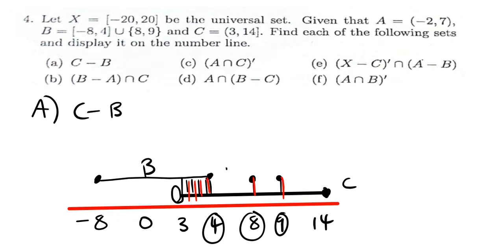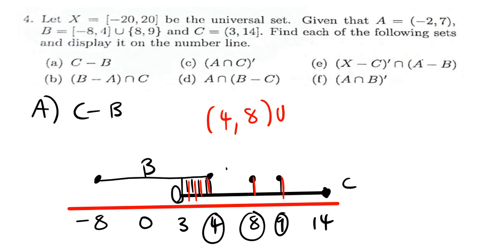Now 4 is part of B, and because we're trying to remove B, it's not going to be part of the answer. So in this case it will be 4, I'm going to open, then we are going to reach 8. We are removing it, it's a point in B, so I'm going to close there.